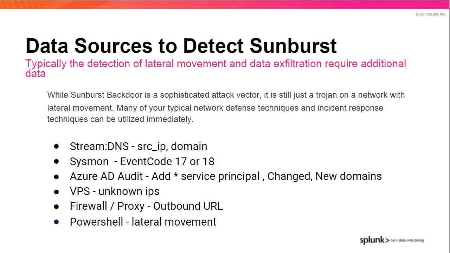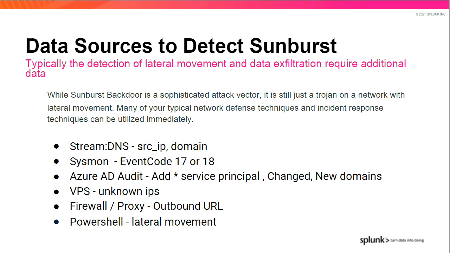Another feature of the Sunburst malware is that it likes to pivot and start to leverage your Azure infrastructure, creating new system accounts and new servers to leverage for its own activities.